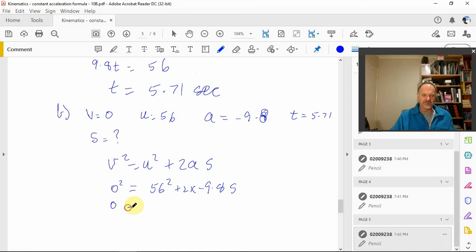So 0 equals 56 squared, which is 3136, I believe, minus 19.6s. Add 19.6s to both sides.